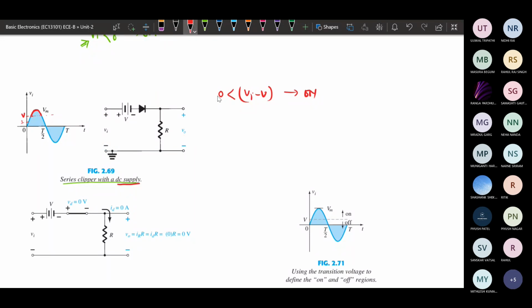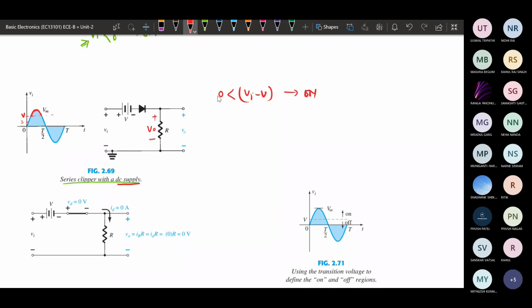To turn on this diode, we need to apply a V input that is greater than the V voltage. Suppose this is the region, then only for this region the diode is on. Now the output, suppose this is the plus and minus, this is V output.